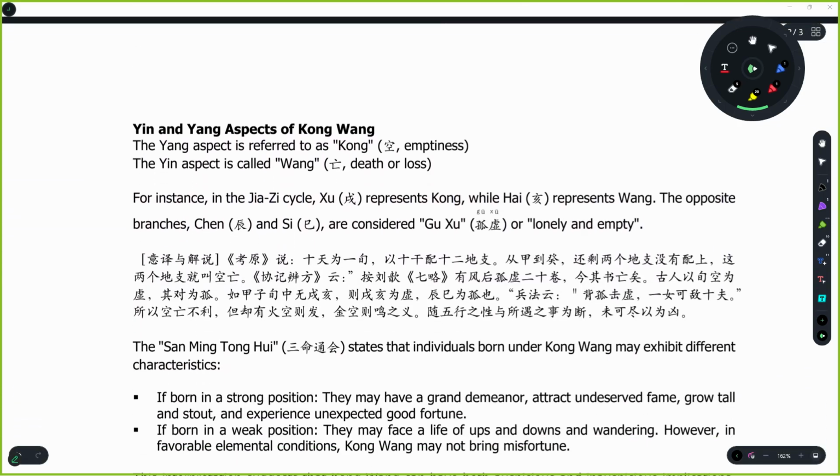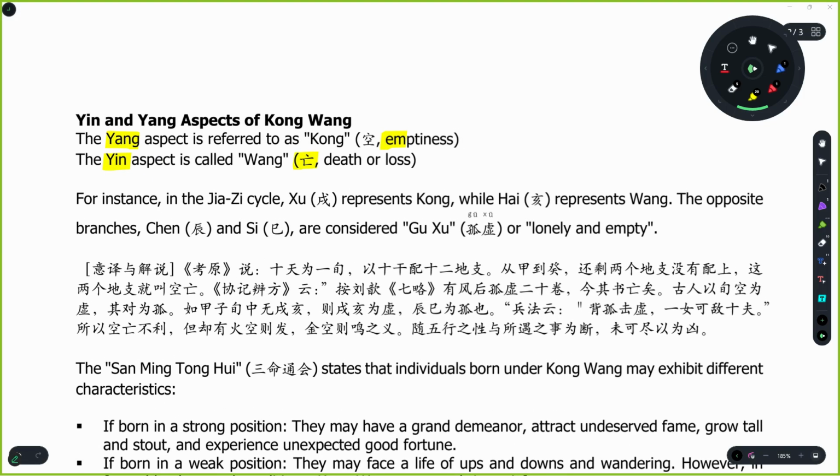Okay. I beg your pardon, I meant it the other way around. Yang represents emptiness, and yin represents death. So let's say for example here the dog represents the emptiness, the pig represents the death.